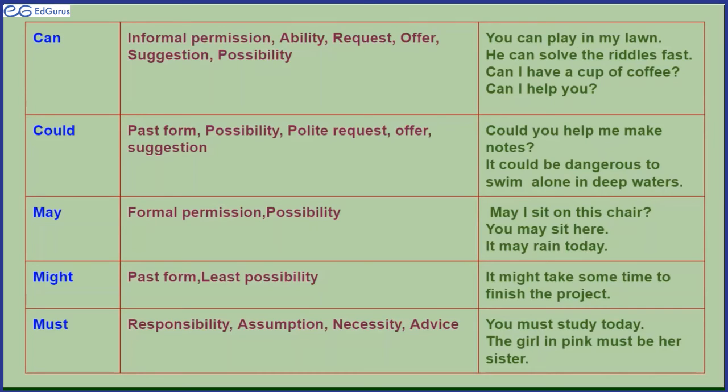This is responsibility. This is necessity as well. And this is also an advice. Going out, you must wear the mask. You must maintain social distancing. You must sanitize your hands. You see, it expresses responsibility, necessity, and advice as well. Right? Any problem here? No, ma'am. All right.